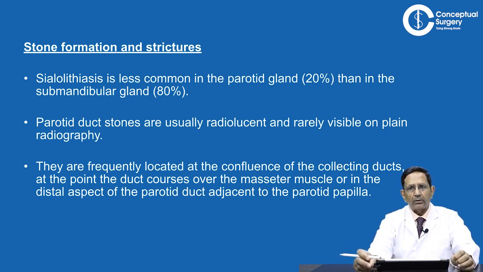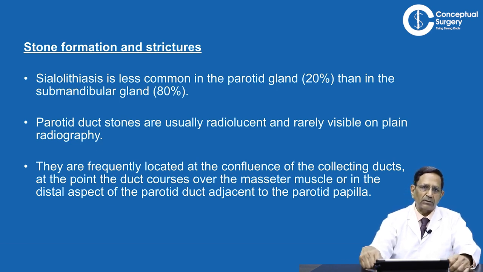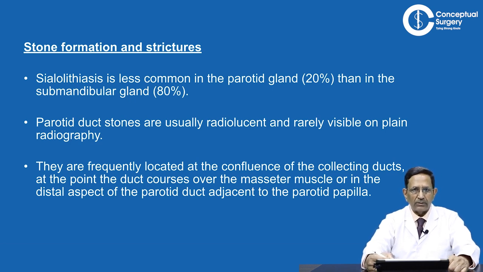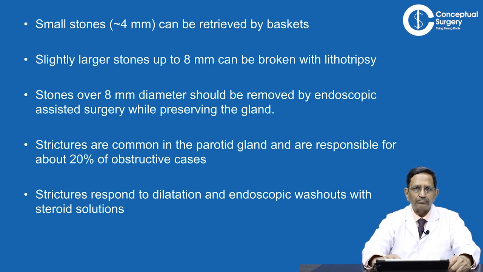A stone is a benign condition. As I have already said, it is more common in the submandibular gland, 80%, and only 20% occur in the parotid, and parotid stones are usually radiolucent, not visible on X-ray. However, there is again recurrent swelling during chewing and enlargement of the swelling. This denotes that probably we are dealing with a salivary calculus.